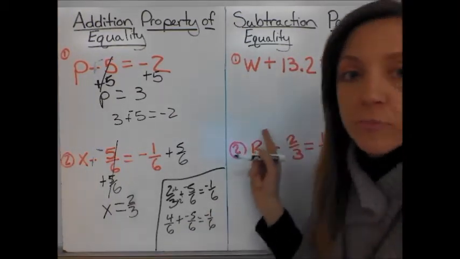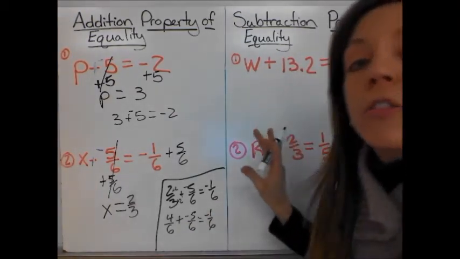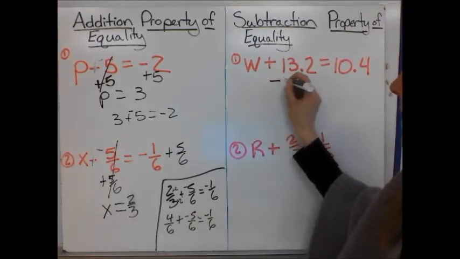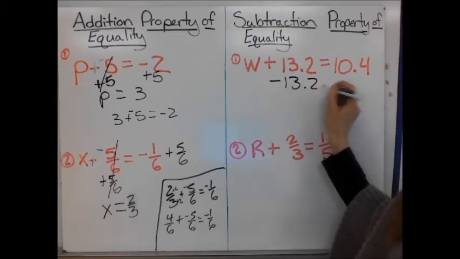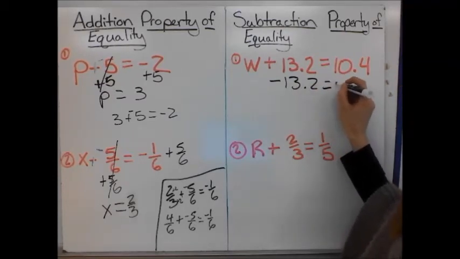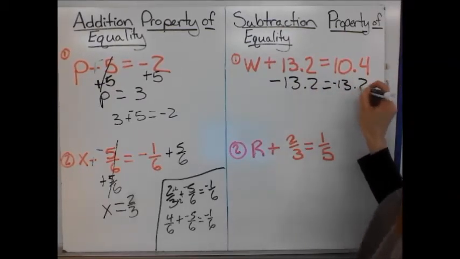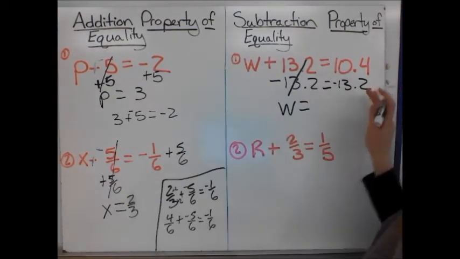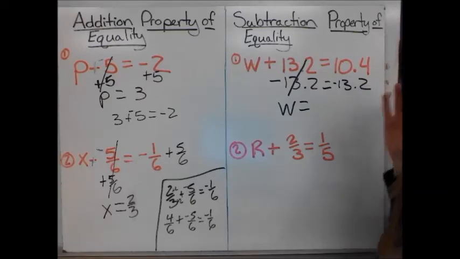Let's go to subtraction property of equality. The subtraction property of equality, I'm going to be using subtraction to find my answer. So let's subtract 13.2 from both sides, and I get W equals, when you add a positive and a negative, ask which one has more. There's more negativity, and subtract.